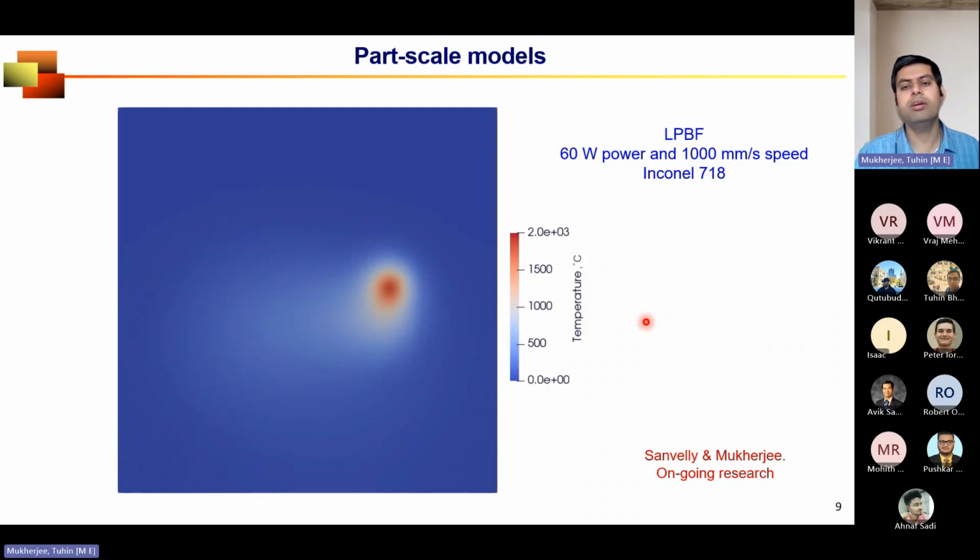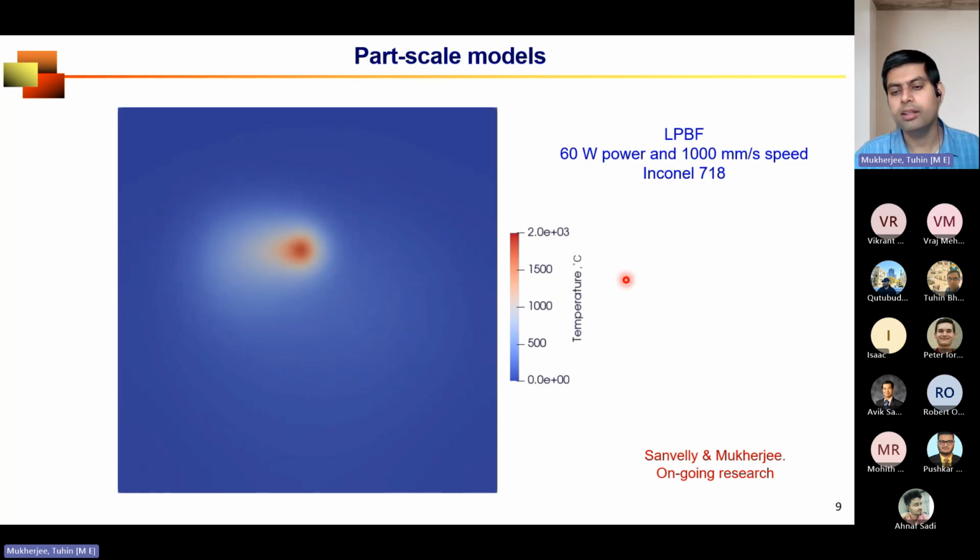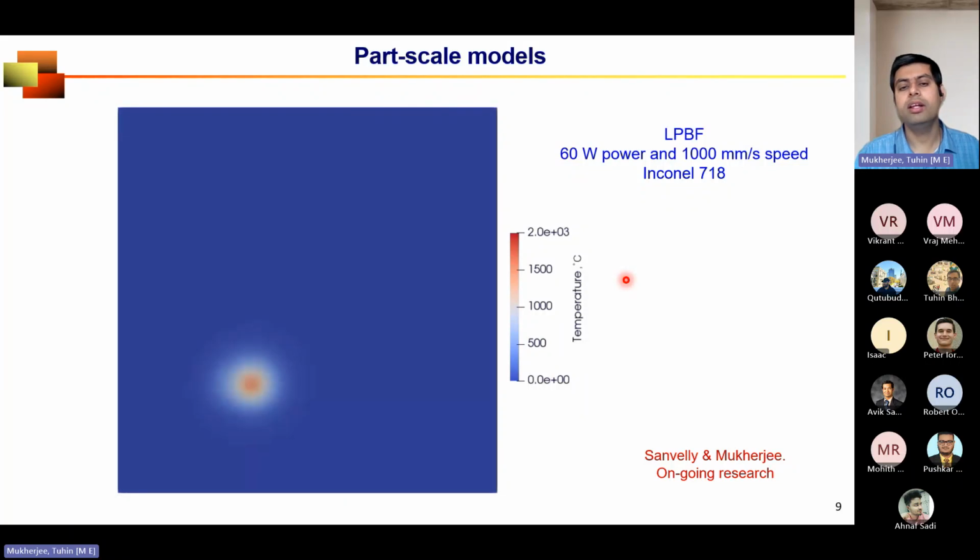Why is this important? Because depending on this spatio-temporal variation of the temperature field, you can get an understanding of microstructure formation, how the residual stress will form, how the part will distort. All these complex understandings are dependent on the temperature field.